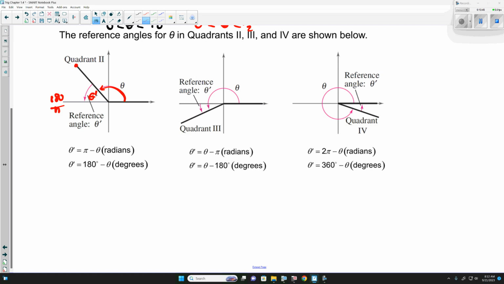So we subtract from pi or 180 to find the reference angle. If it's greater than pi, greater than 180, then we subtract pi or 180 from that angle. Does that make sense? Or if it's greater than 3 pi over 2, or 270, then we subtract it from 360 or 2 pi. There are some differences, and it kind of works out in the end.